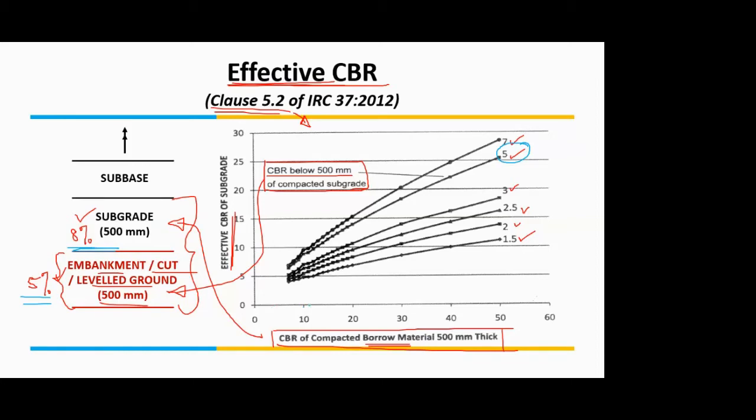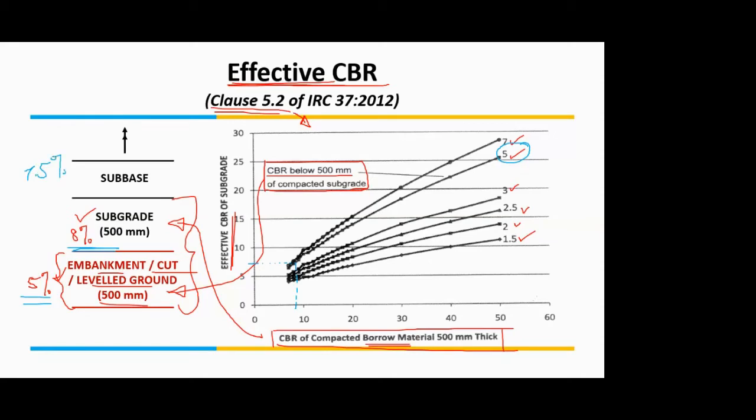So on the x-axis I'll check for 8%, somewhere over here. And if I draw a vertical line which intersects that 5% curve, I'll get some value over here, and you can see it's between 5 and 10, so you can say it's 7.5. Okay.